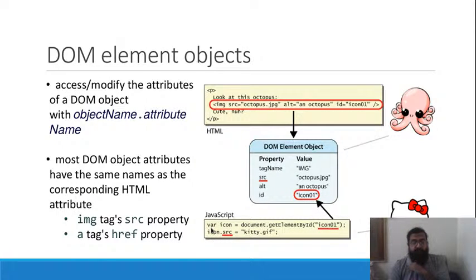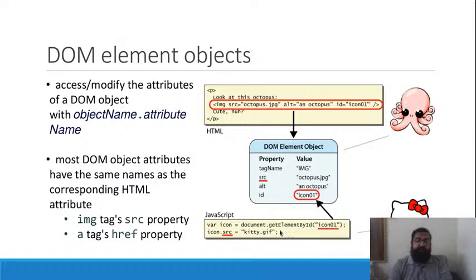The variable icon is defined as document.getElementById('icon01'). This will create an instance with the properties and values of the image tag which has icon01 as the ID.